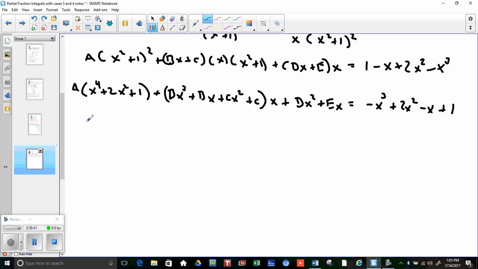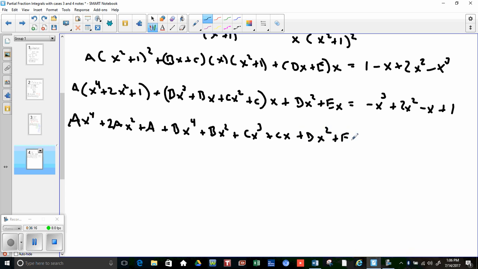So I'm going to distribute the A: Ax to the fourth plus 2Ax squared plus A. Distributing the x through here gives me Bx to the fourth plus Bx squared plus Cx cubed plus Cx and then plus Dx squared plus Ex equals negative x cubed plus 2x squared minus x plus 1.